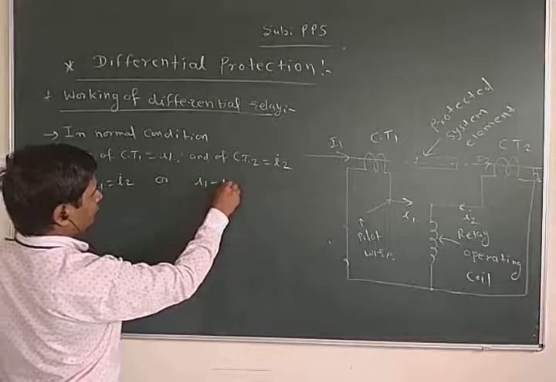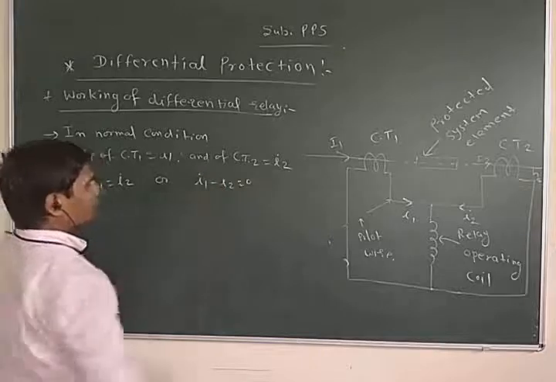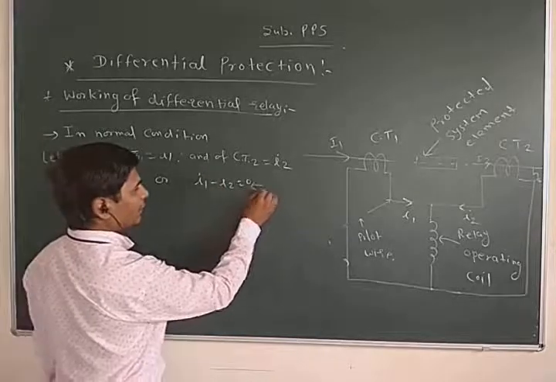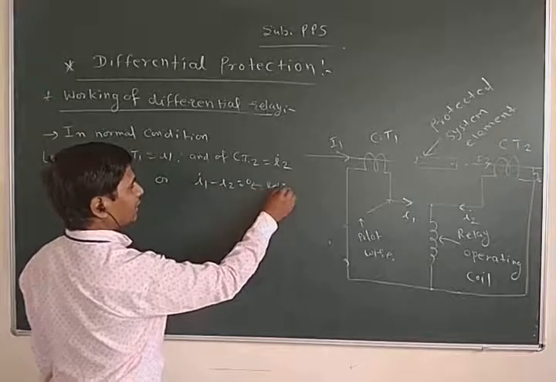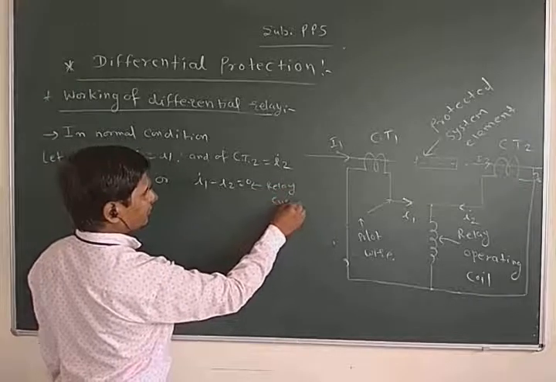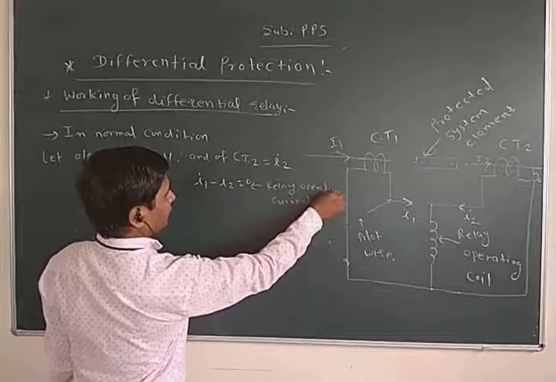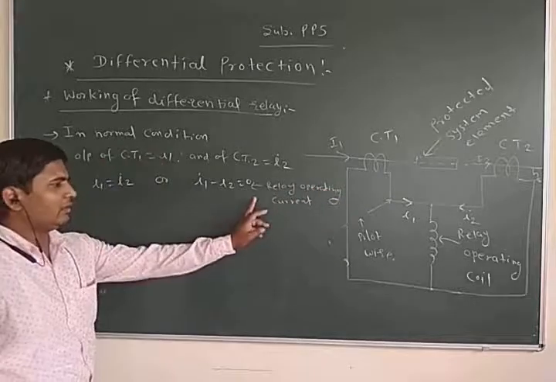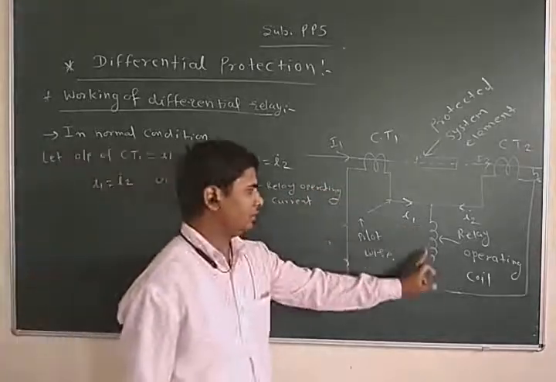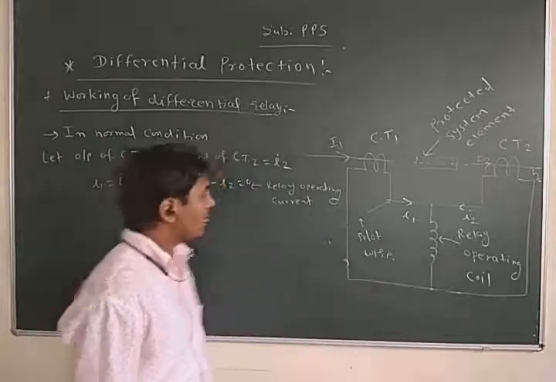I1 minus I2 is the relay operating current, which means there is no current in the relay operating coil, so it will not operate.